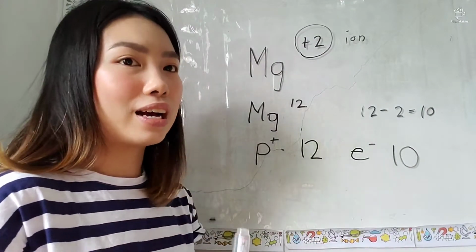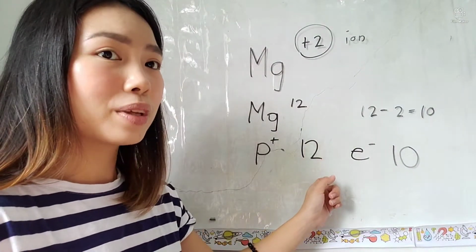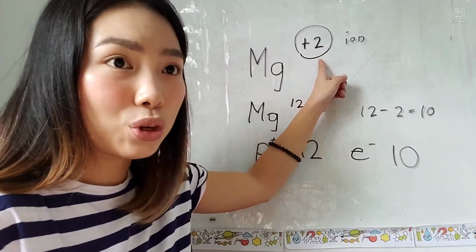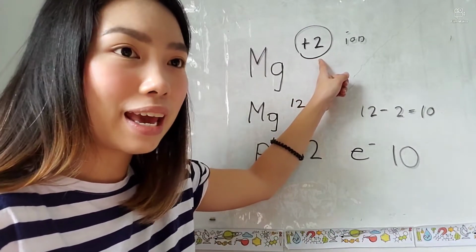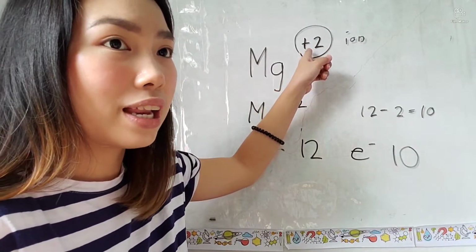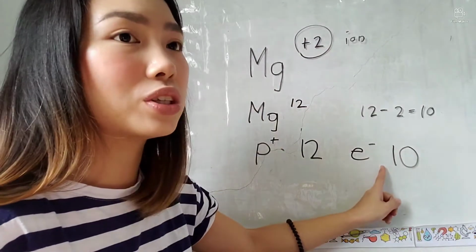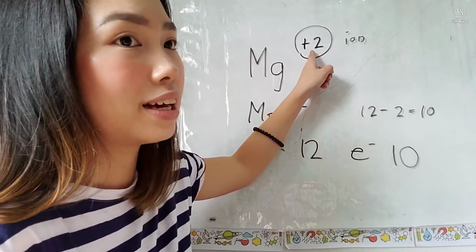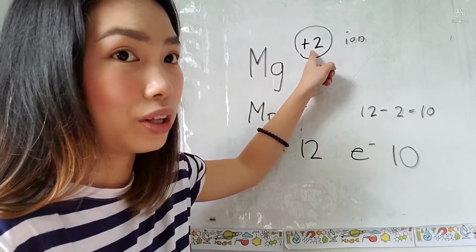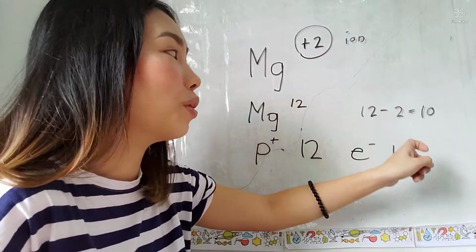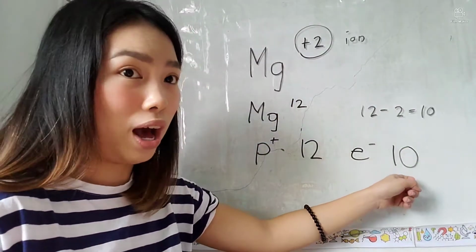Kailan mo lang gagawin ito? So, gagawin mo lang yan if there is a present ion in your element. So, since meron akong positive 2 dito, kailangan yung electrons, babawasan ko kung ilan yung nakalagay na ion. Since it's a positive 2, then babawasan ko yung electron ko ng 2.